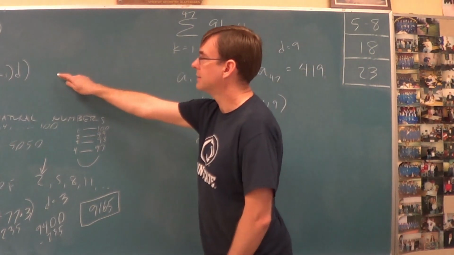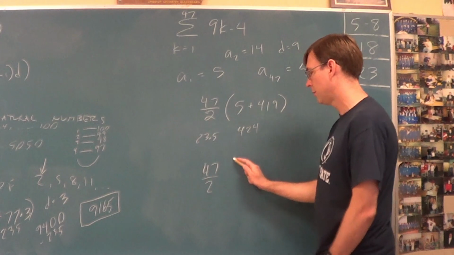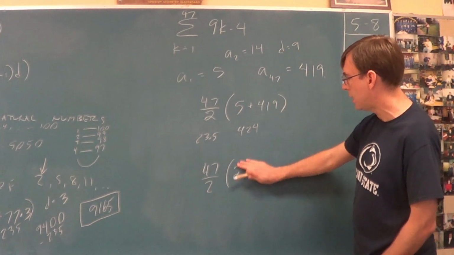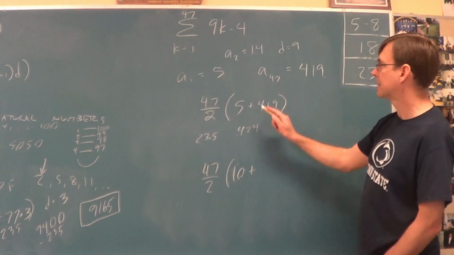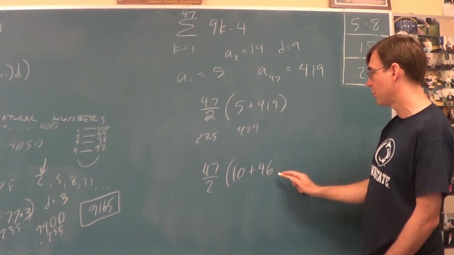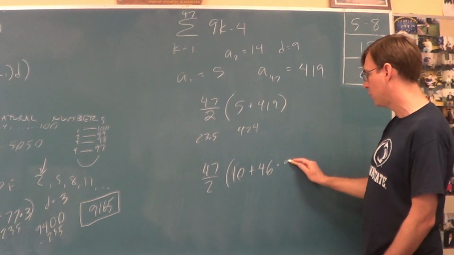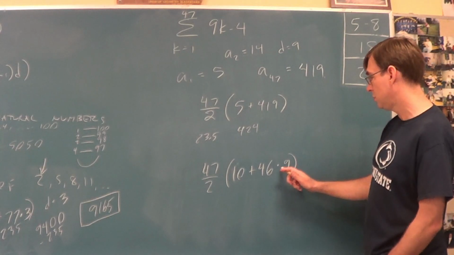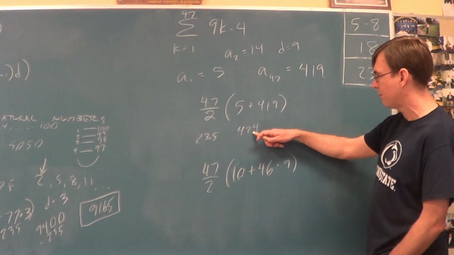So if you want to run this other formula, the lower one, we'd still go 47 over 2, we go 2 times the first one. So 2 times the first one's 10, plus n minus 1, 47 minus 1 is 46, times the difference we had, which was 9. If you do the math on this, it should still land you on that same 424.